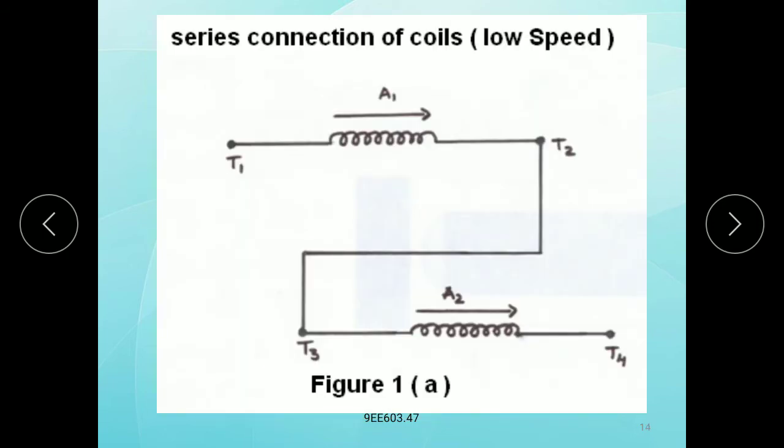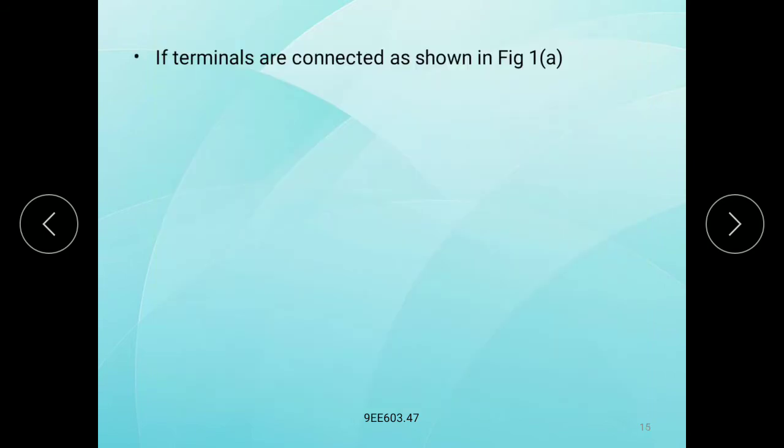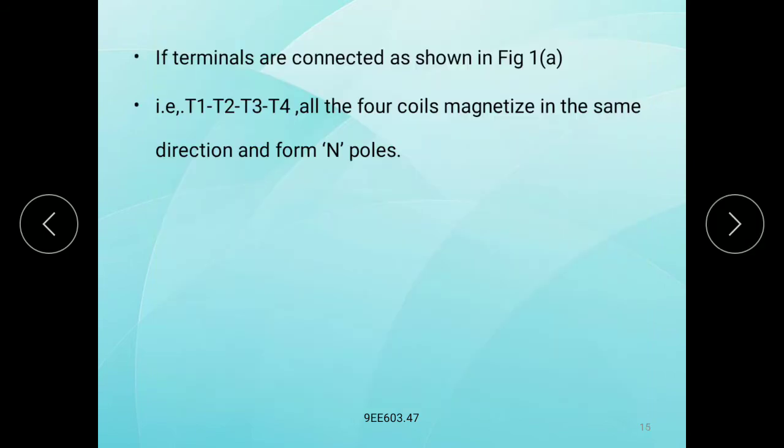So this is the series connection of coils T1, T2 and T3, T4. If terminals are connected as shown in the figure, all the 4 coils magnetize in the same direction and form N poles.